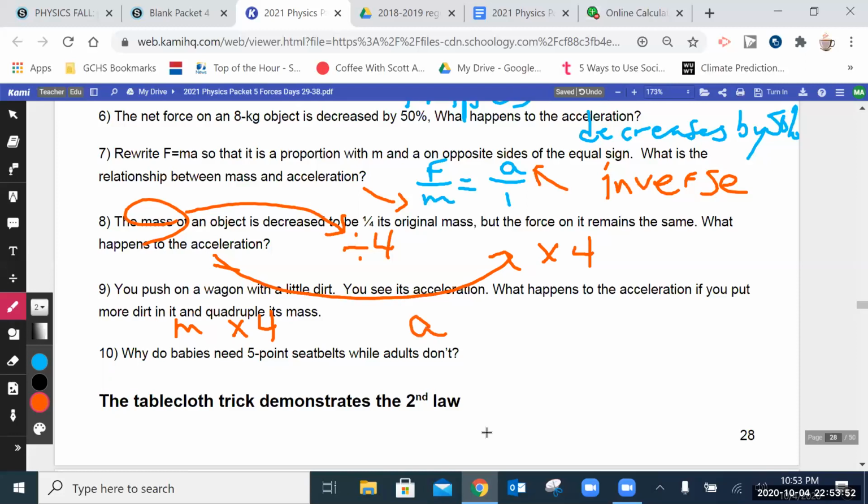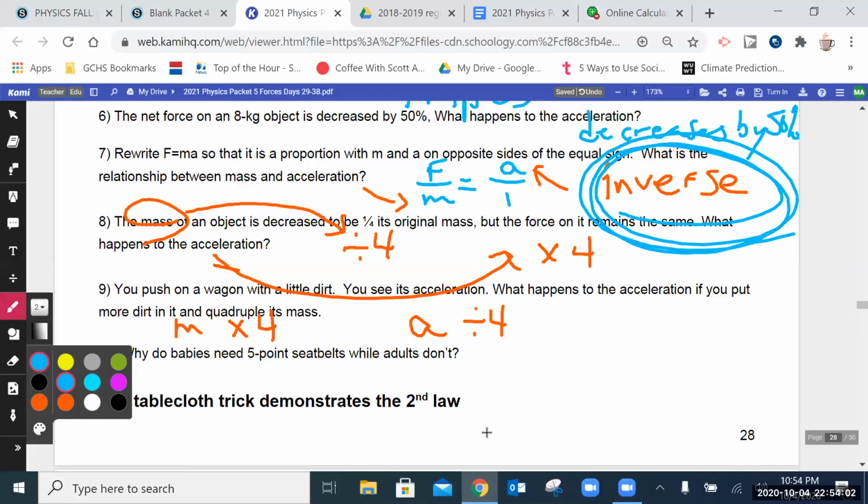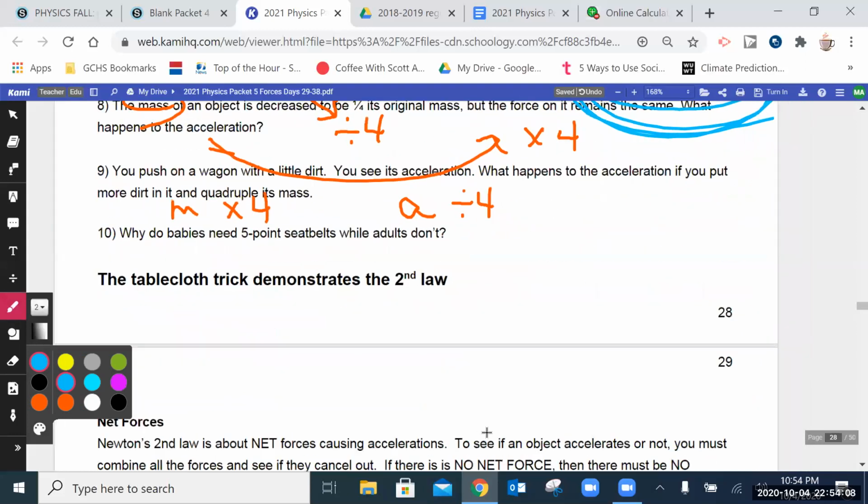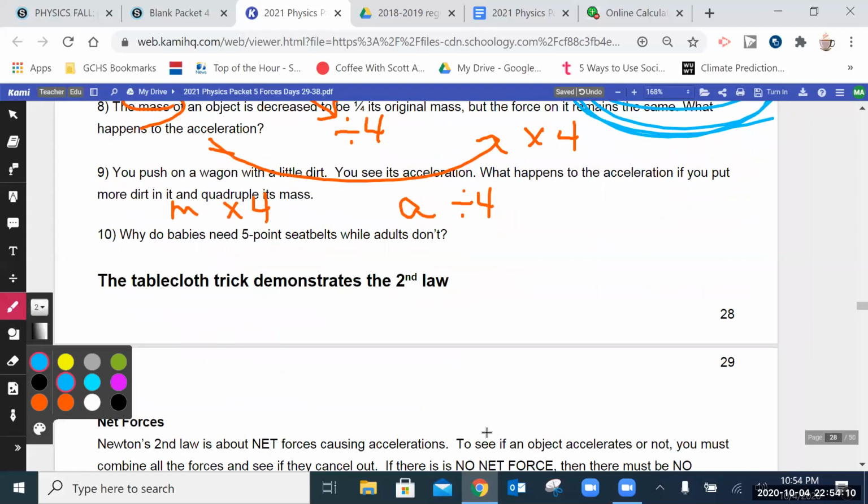The acceleration is going to be divided by 4. It changes in the opposite direction. Mass and acceleration are inversely related. Opposite things happen.